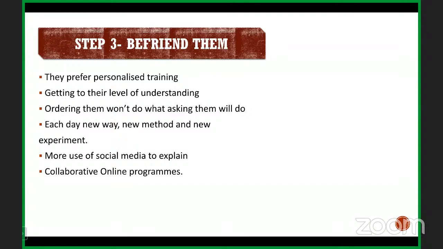Each day you have to bring a new method, a new experimental thing, because they will get bored if you keep doing the same thing with them. And they would like to have collaborative online programs where they could make a group project, or be in a group where they feel they are the same kind of people.